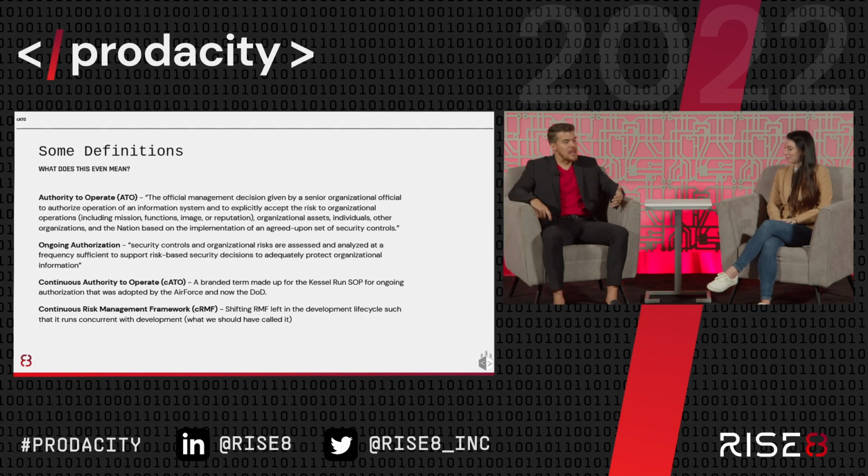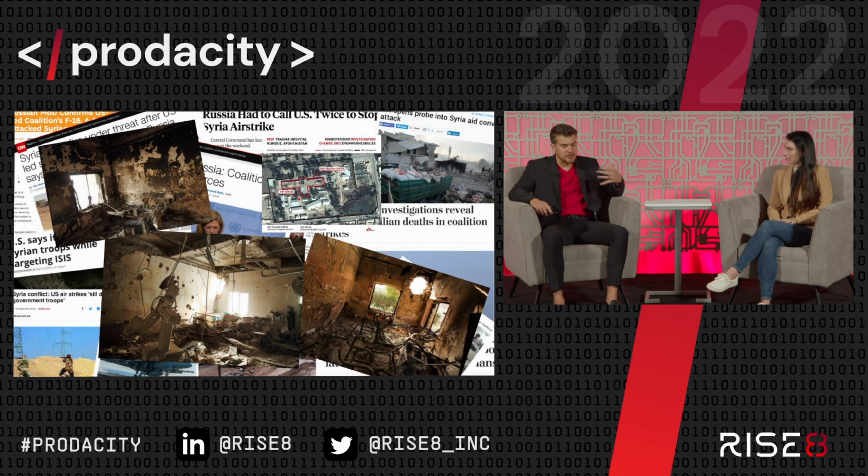Because one thing that I saw in the operations community, and this really gets into the why, I was a targeteer and I saw some of the worst of the worst. The incident that actually drove me to leave and go to procurement and start Kessel Run was the Kunduz Hospital incident. A lot of things went wrong that day. I can't say that software is to blame, and certainly it's only a footnote in the official report.